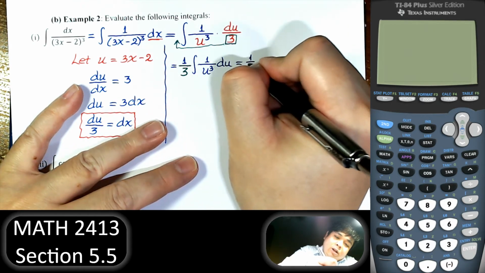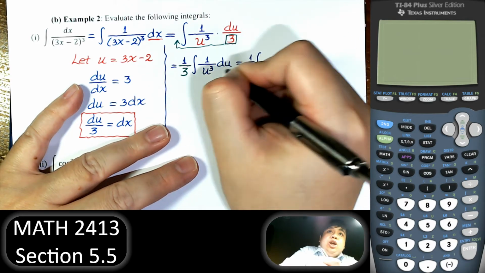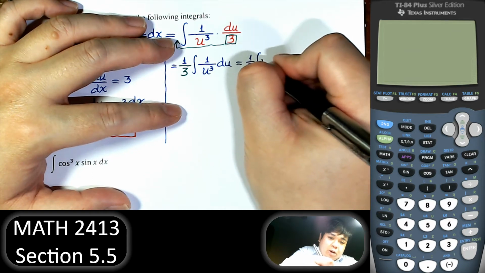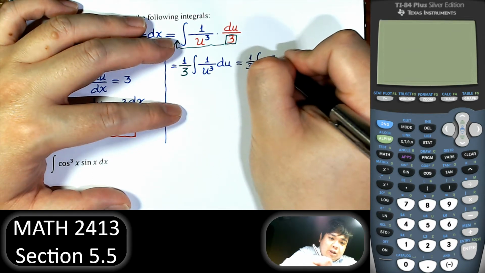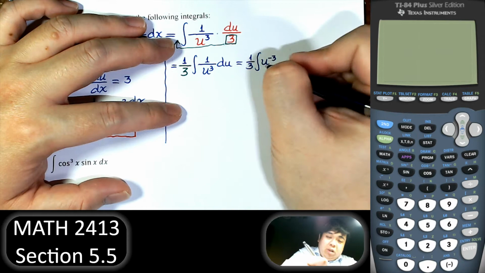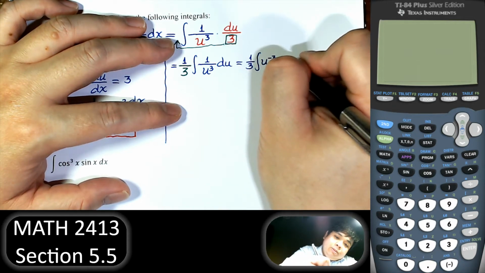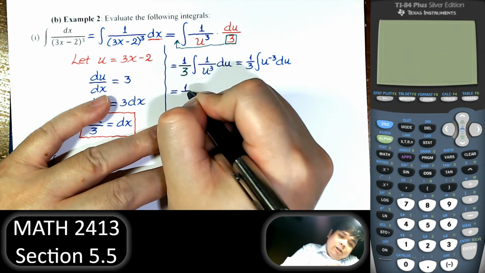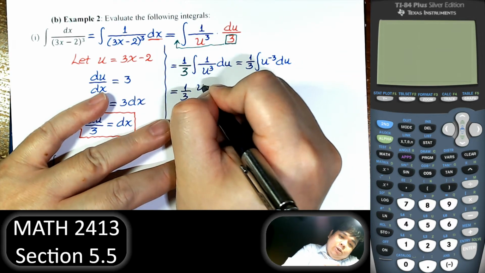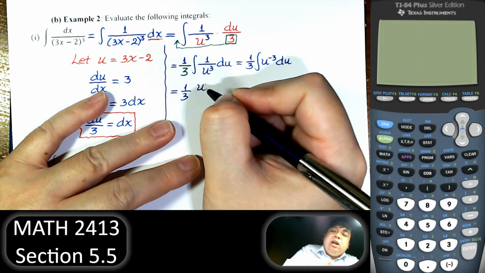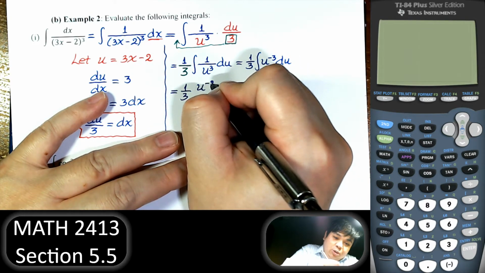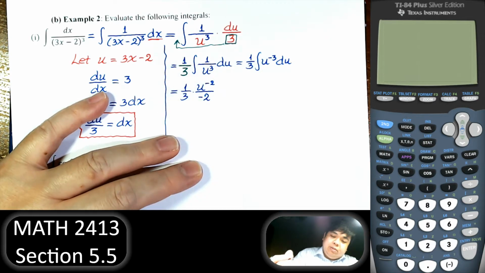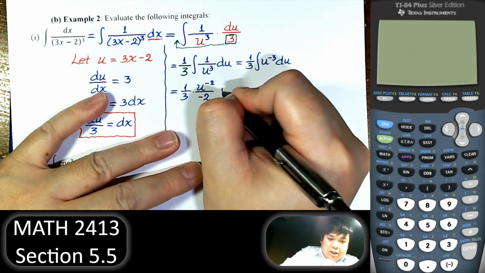So that gives us 1/3. If we move u cubed from the bottom to the top, u cubed becomes u to the negative 3, because we're going to use the power rule. And then we have 1/3. The integral of that is u to the negative 3 plus 1, and negative 3 plus 1 is negative 2. Divide by the same thing. Plus c.